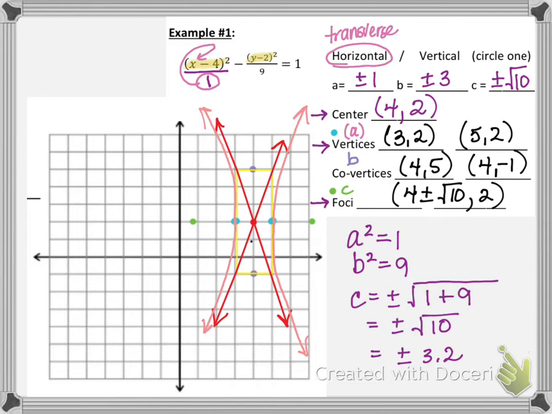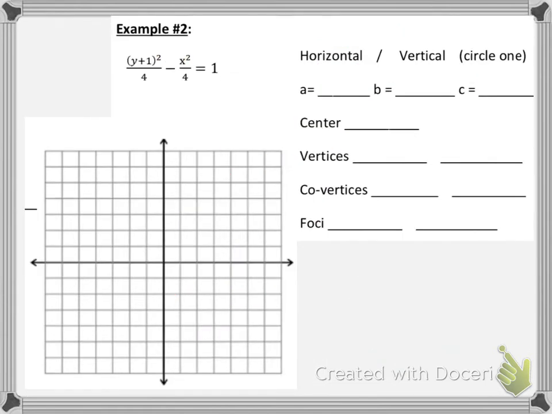So, let's try this again with example number 2. Let us start again with finding our a squared value. A squared value is right here. It is underneath the y. So we know that a squared equals 4, so our a has to be plus minus 2.